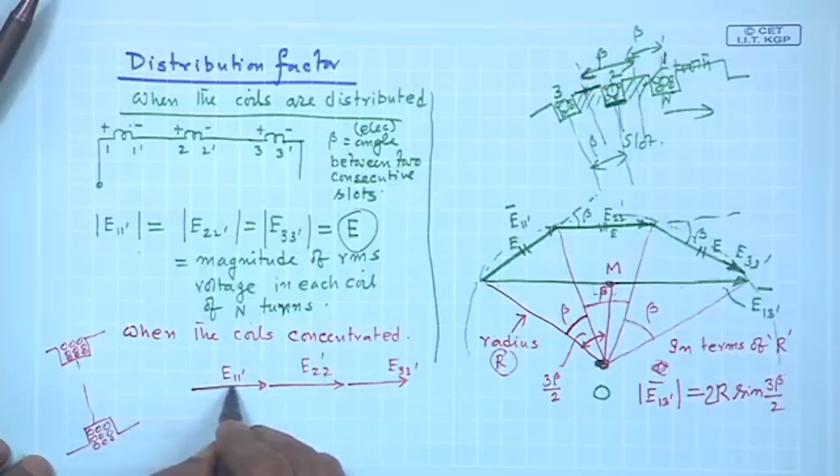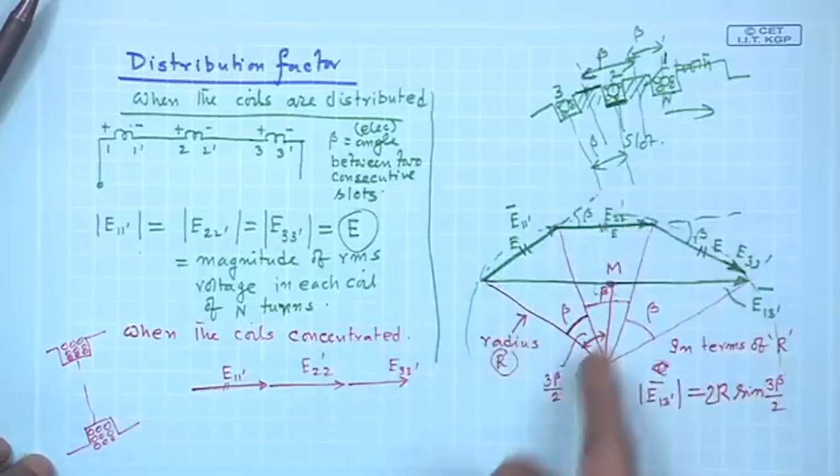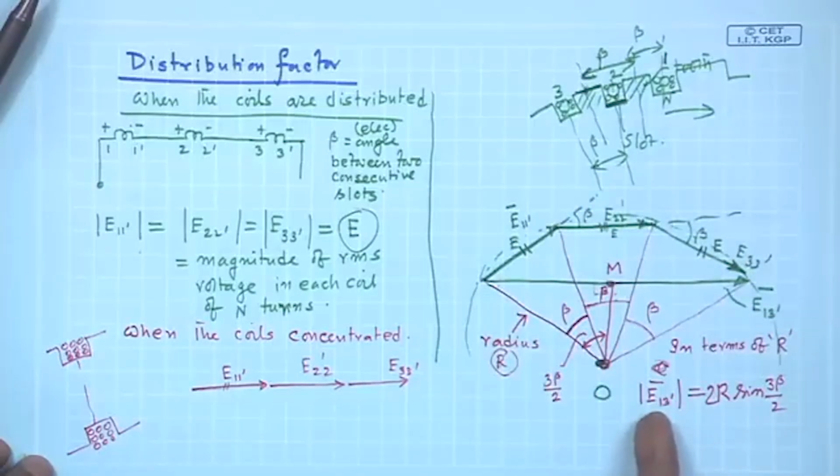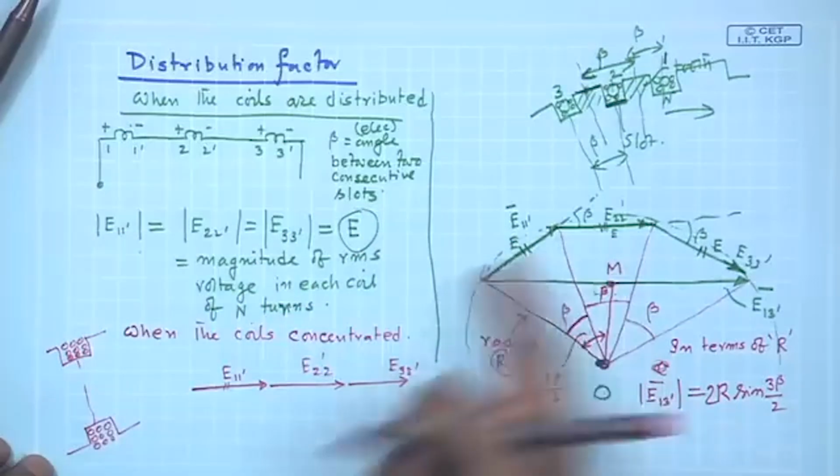What will be this voltage? This will be same as this E; the magnitude of E1 1 dashed will not change because of that.